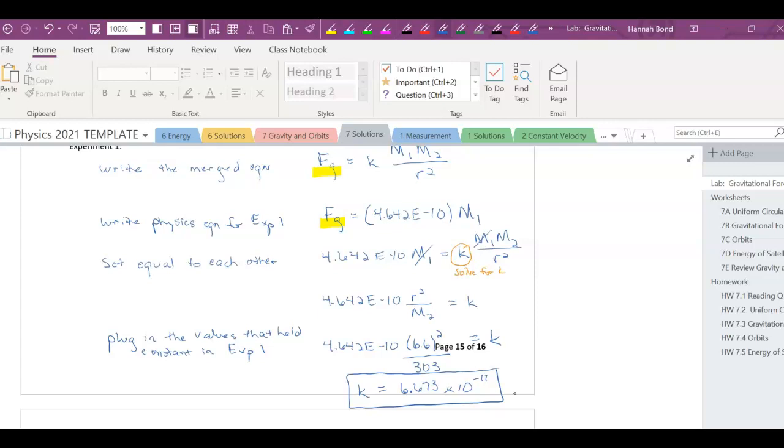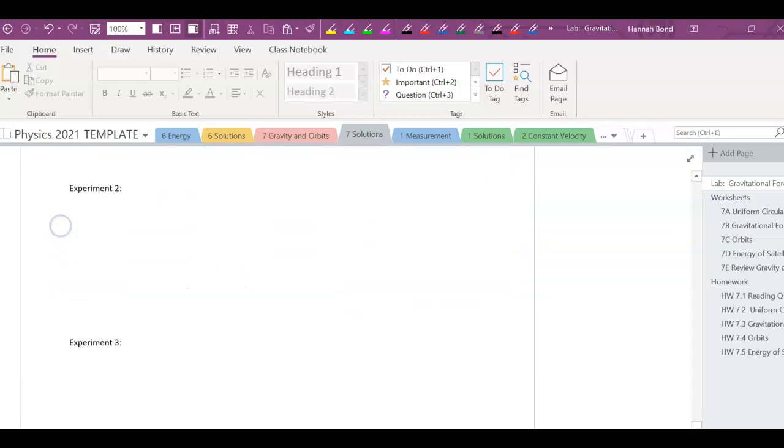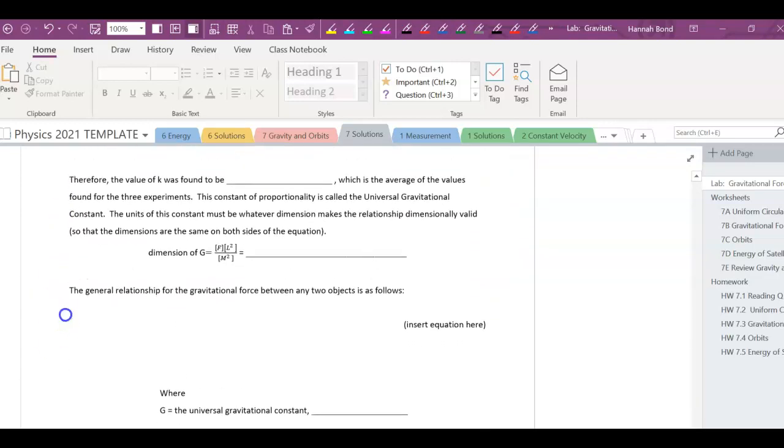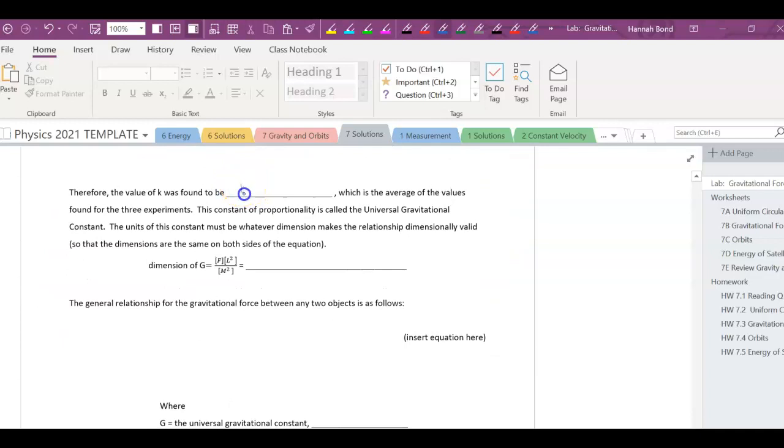Okay. And then once we have found that all three experiments give us this same value of K, then we will say that the value of K was found to be 6.673 times 10 to the negative 11th. And we're going to get the units for that by dimensional analysis.